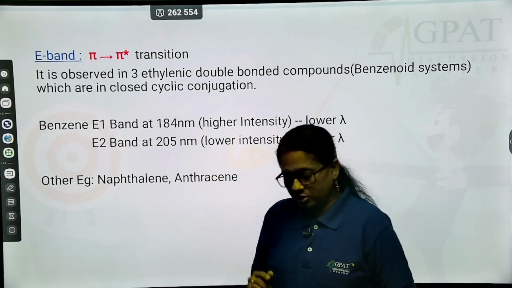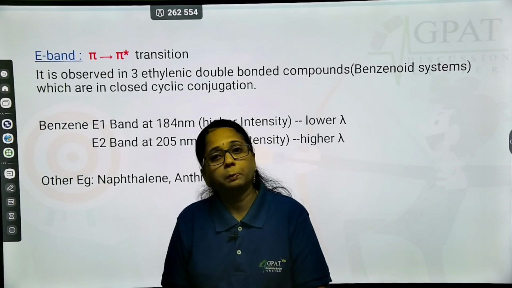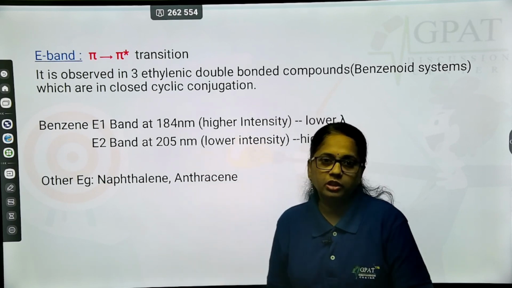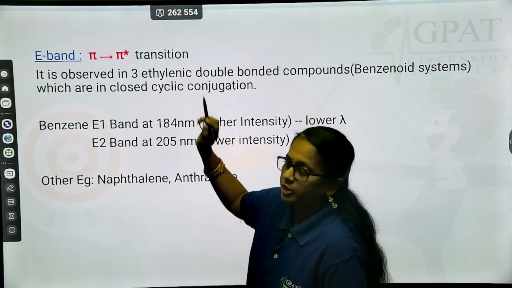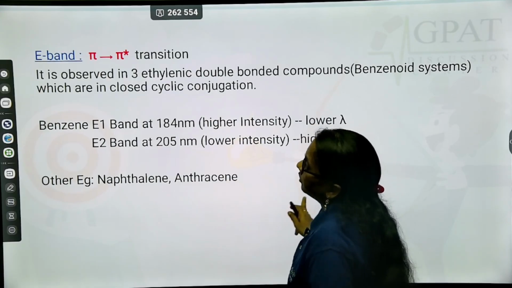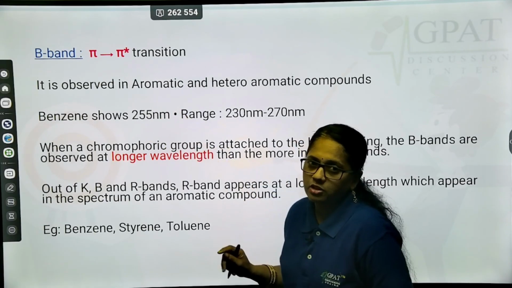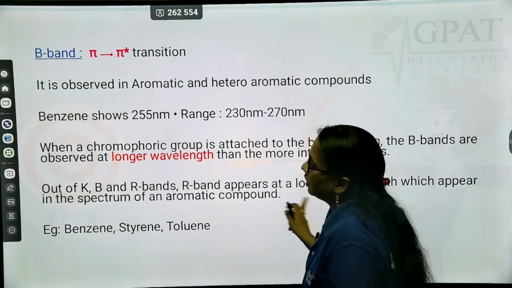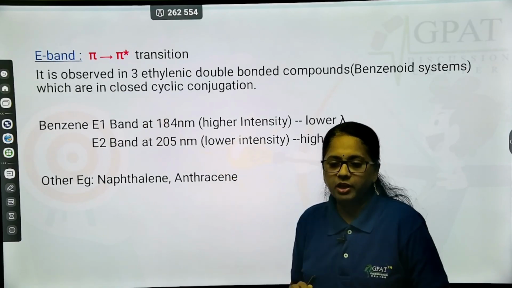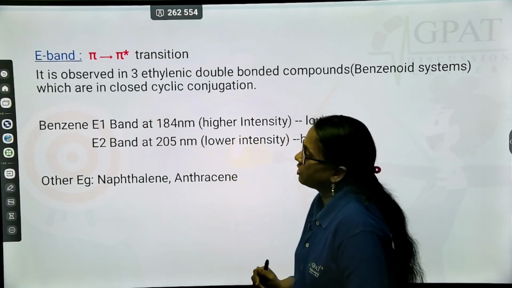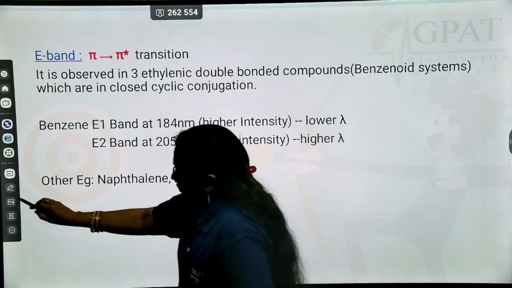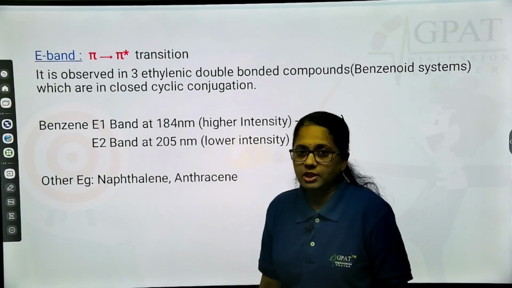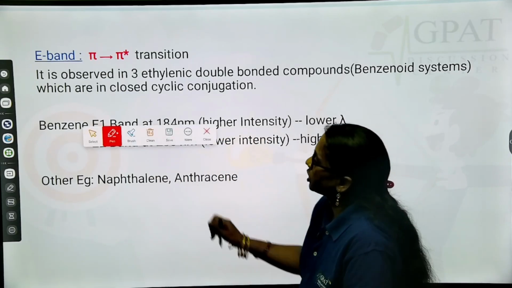So the E band is also due to pi to pi star transitions only. In this way also you can easily remember: the B band is pi to pi star, and the next E band is also pi to pi star transitions only. In which molecules do we see this type of absorption band?